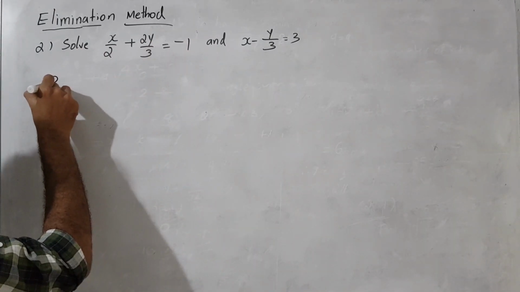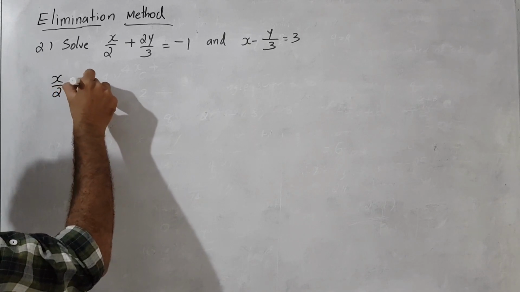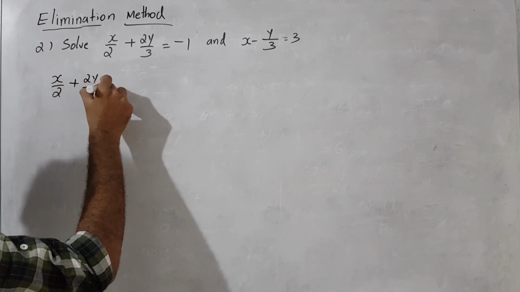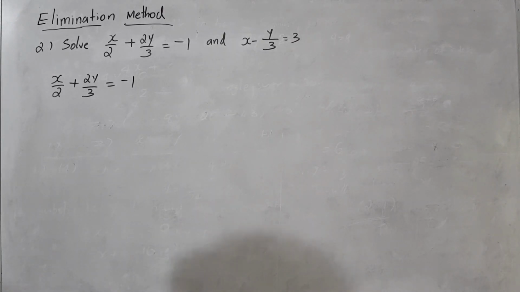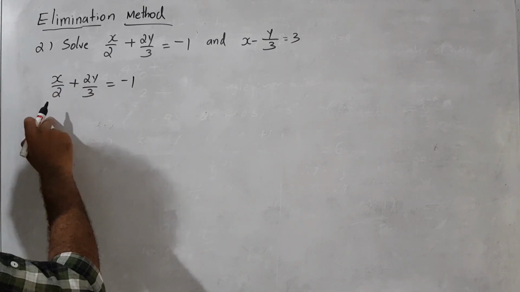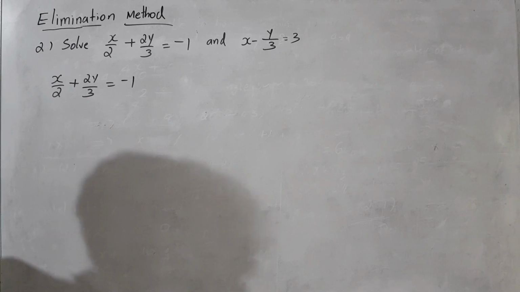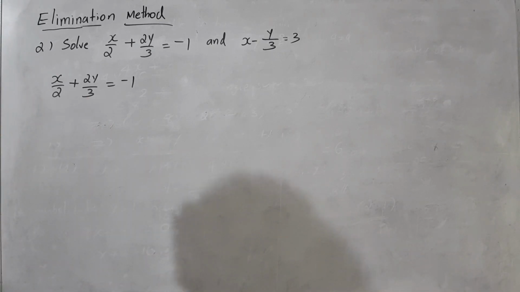I take first x by 2 plus 2y by 3 is equal to minus 1. Okay, then after we need to add. For that we need to equalize the denominators. Correct? Then how to equalize?